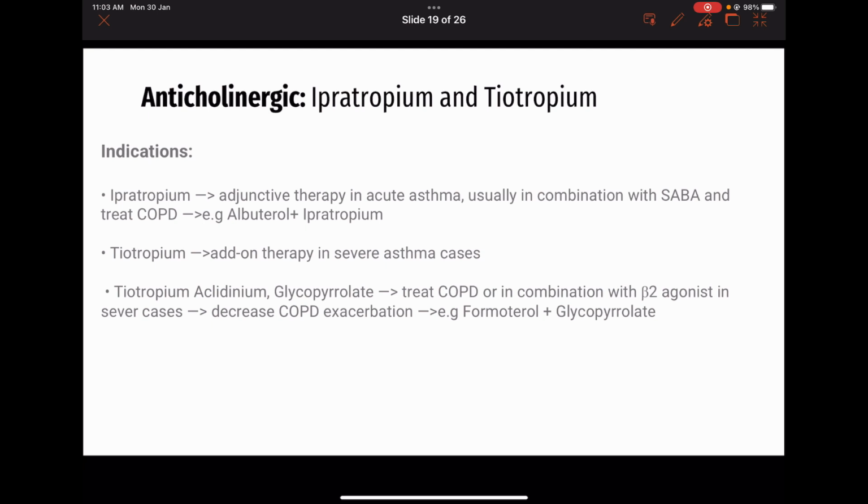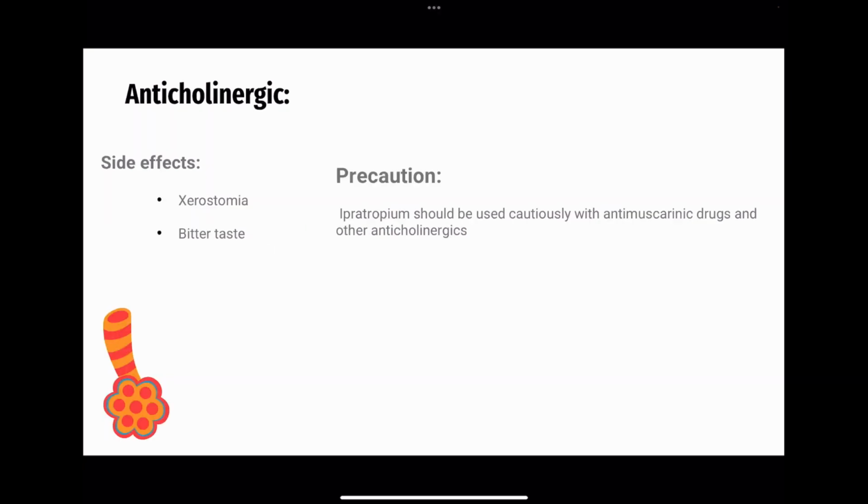Tiotropium, aclidinium, and glycopyrrolate treat COPD, or are used in combination with a beta-2 agonist in severe cases. This decreases COPD exacerbation and the worsening of COPD symptoms, for example formoterol plus glycopyrrolate.